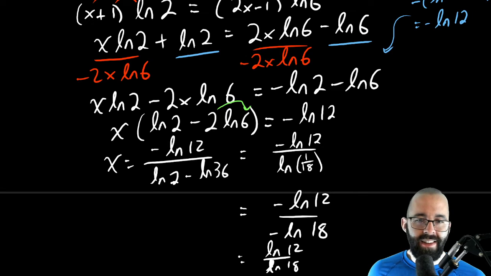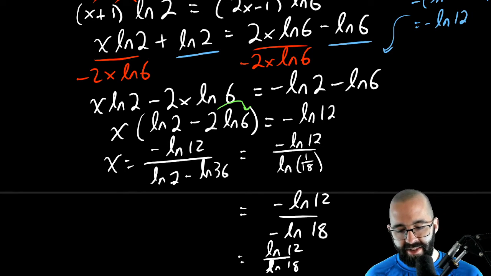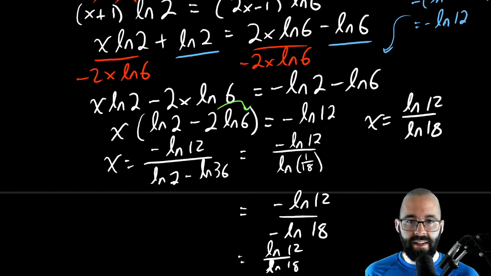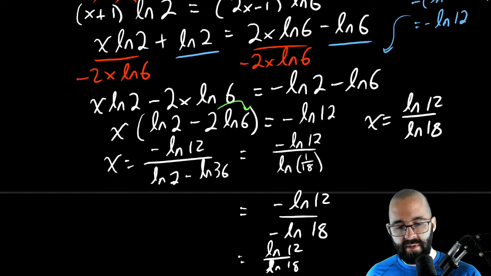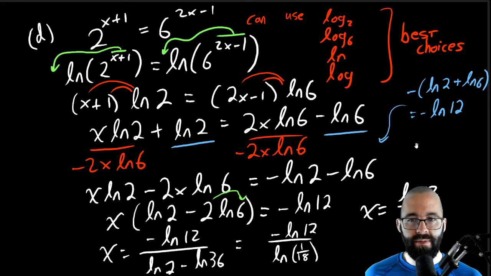You can't simplify this. There's no property for this. It's going to be our final answer. Our exact answer: x is ln of 12 divided by the ln of 18. And that looks a lot cleaner than what we started with.